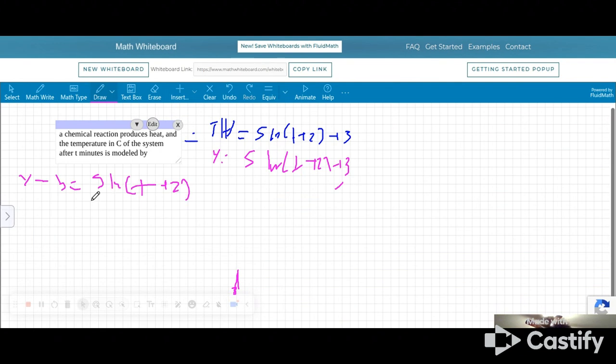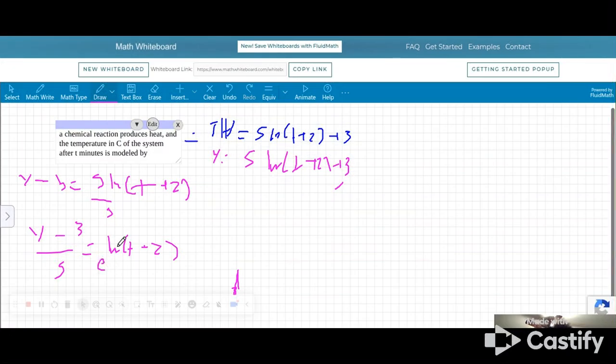Then we're going to move that 5 over by dividing it out. So it's going to be y minus 3 over 5 is equal to ln of t plus 2.